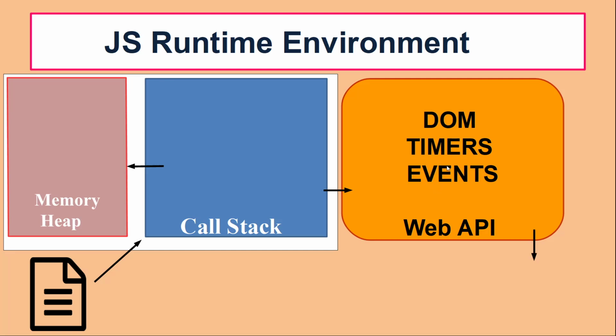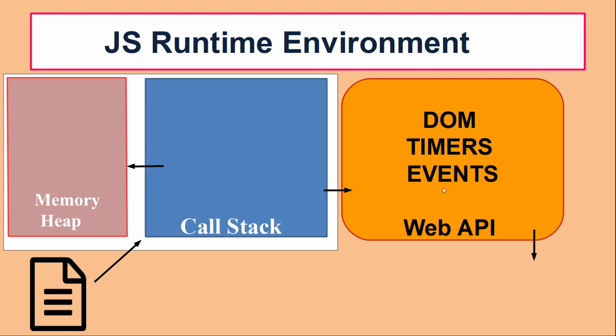And then the call stack is the thing that executes the main JavaScript code. However, sometimes, let's say there's an event like an onClick button, and you're saying, well, when this part of the document, like when this button is clicked, I want you to do this. So that event is a Web API.